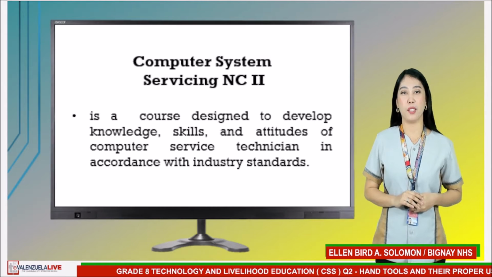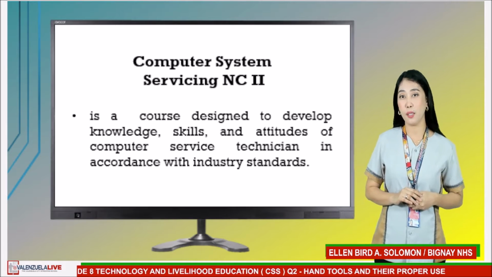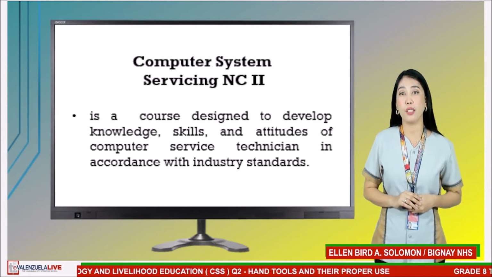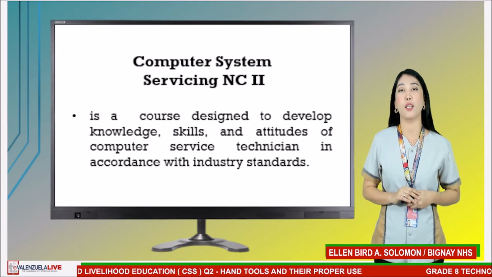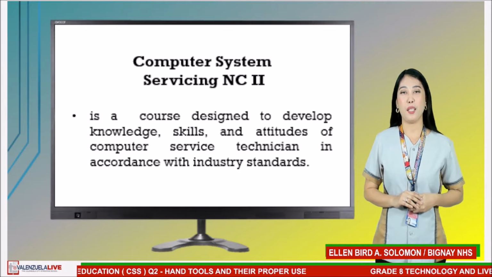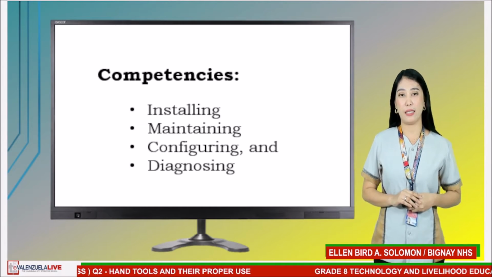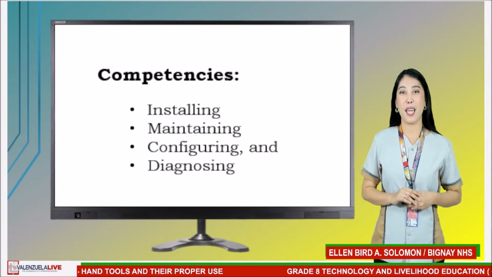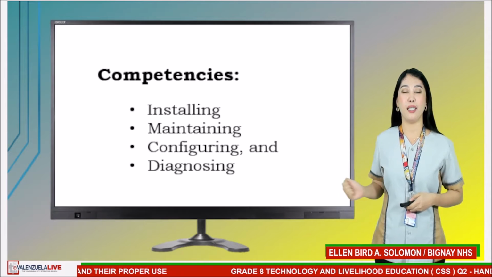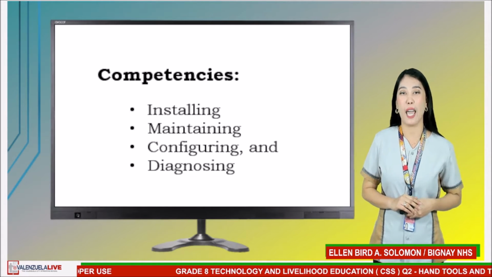Computer System Servicing is a course designed to develop knowledge, skills, and attitudes of a computer technician in accordance with industry standards. It covers the basic, common, and core competencies such as installing, maintaining, configuring, and diagnosing computer systems and networks.